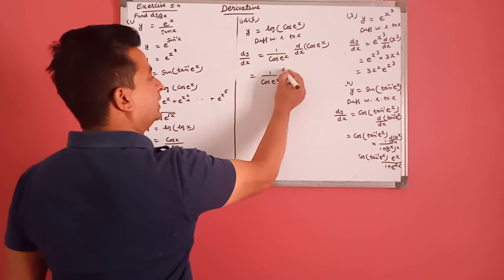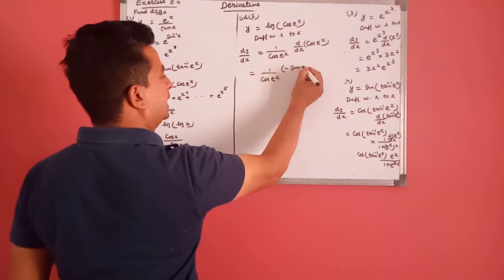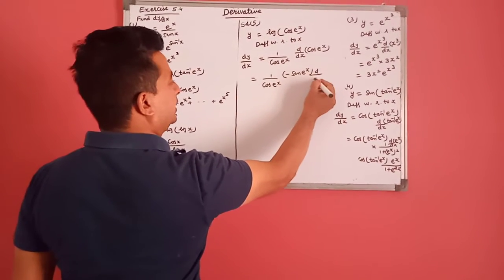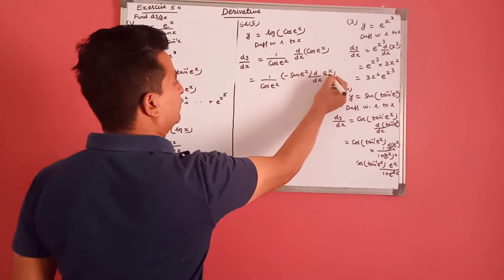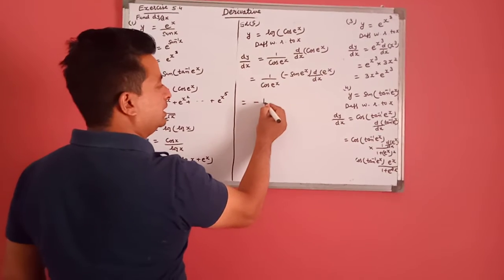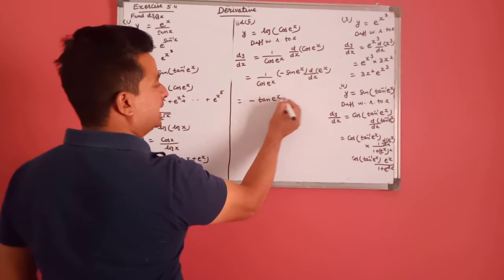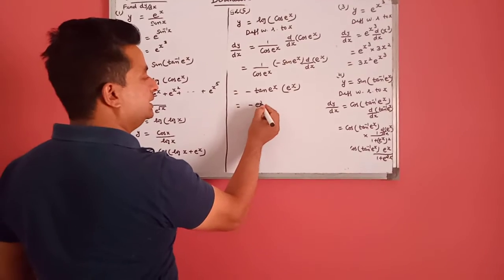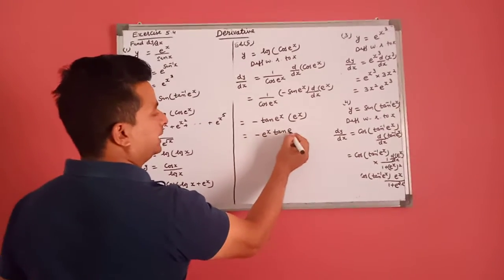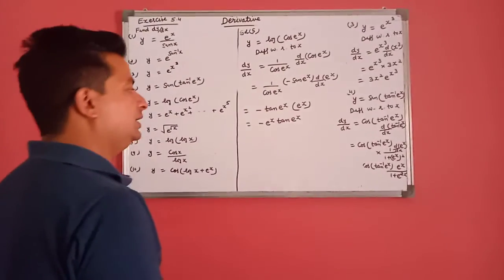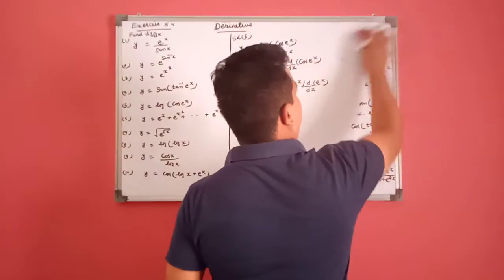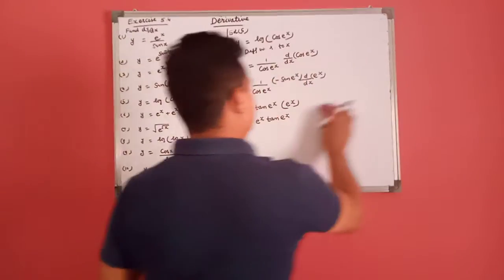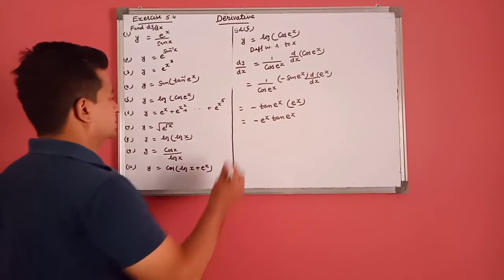As we know, differentiation of cos is minus sin, and into differentiation of e to the power x. Sin by cos is tan, differentiation of e to the power x is e to the power x, that means minus e^x into tan e to the power x. This is the differentiation of this.